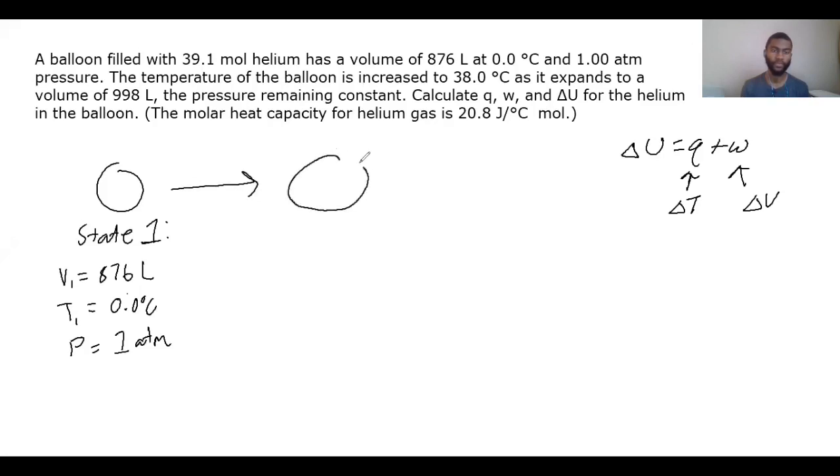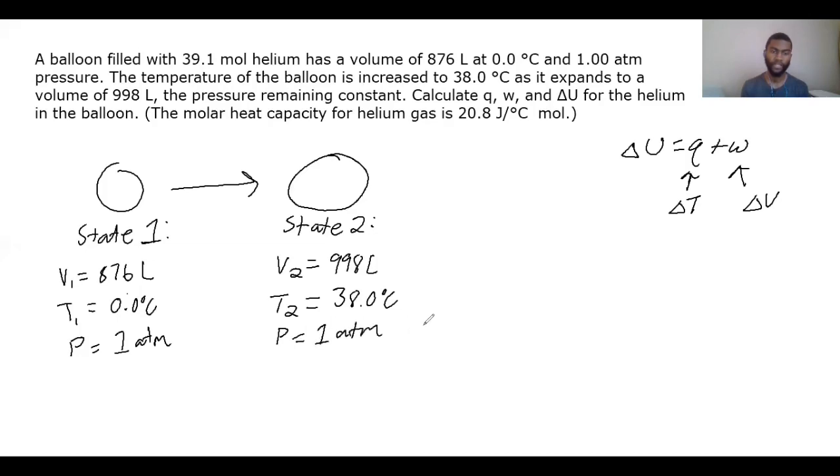The balloon is a little bit bigger because the volume is larger. So we go to 998 liters. This final temperature is 38 degrees Celsius, and the pressure remains constant at 1 atm.